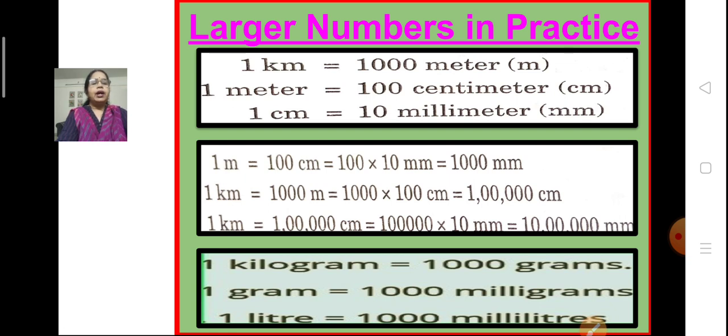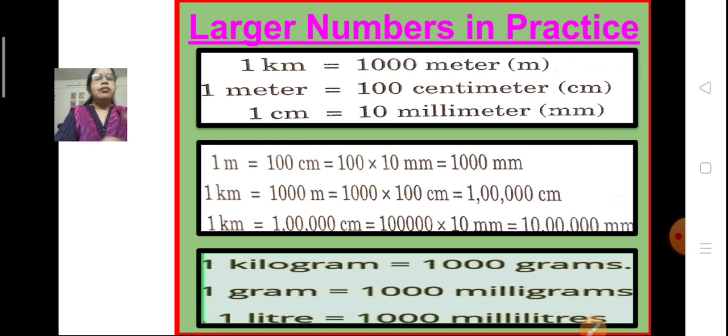And we know that 1 meter is 100 centimeters and 1 centimeter is 10 millimeters. So can you calculate how many millimeters will be there in 1 kilometer? That will be a huge number, okay, because that will be multiplying, so that will be equal to 1000 into 100 into 10 millimeters.